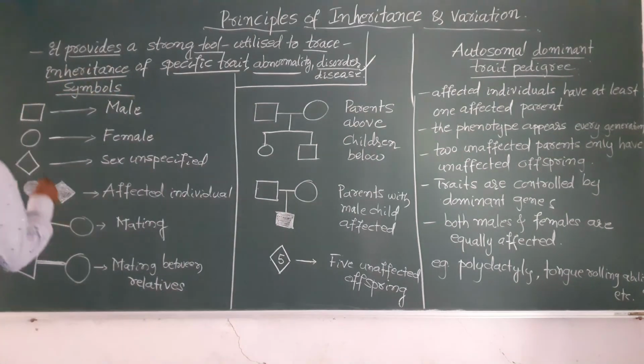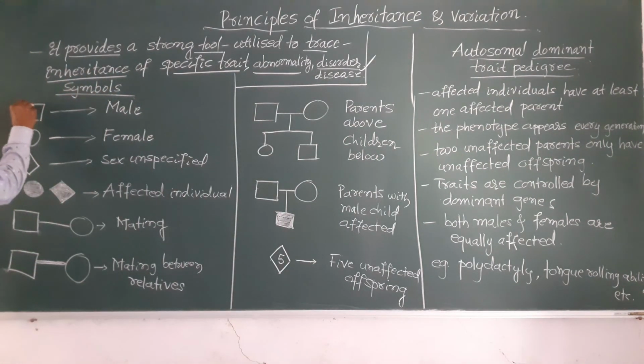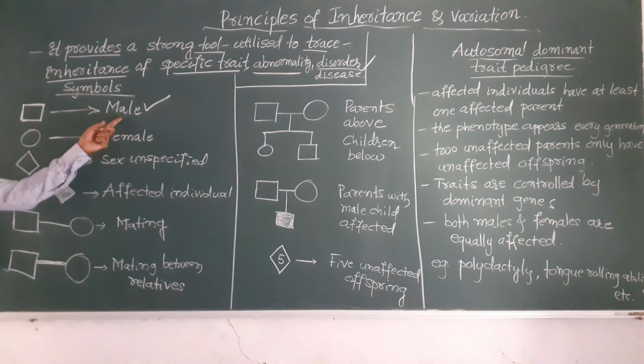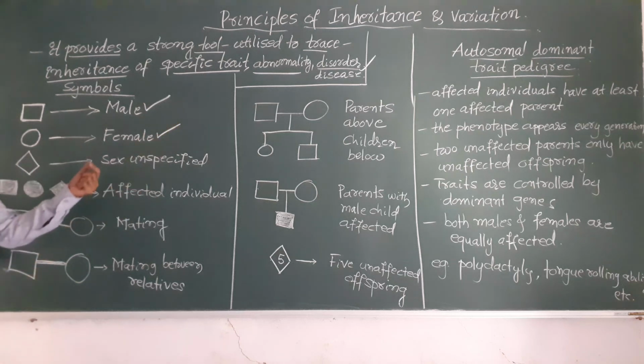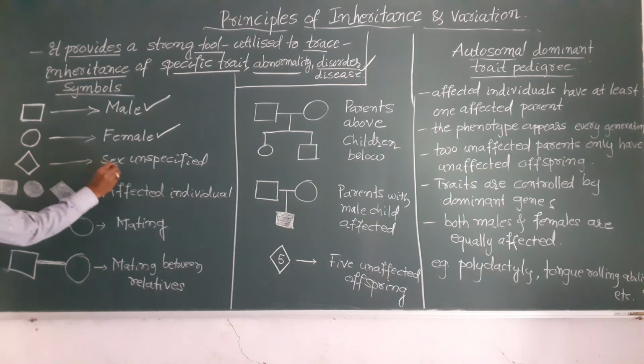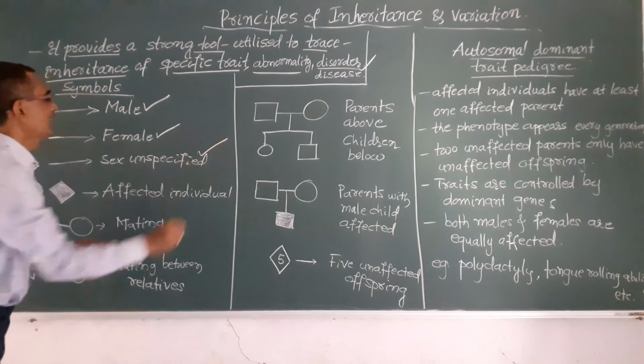You see this first symbol. This is a square-like structure. It denotes the male. Males are denoted by a square, and this one, the circle, denotes the female. And this structure denotes sex unspecified.